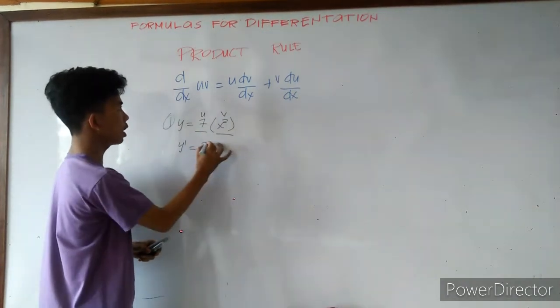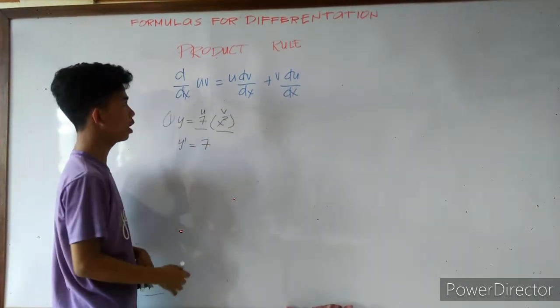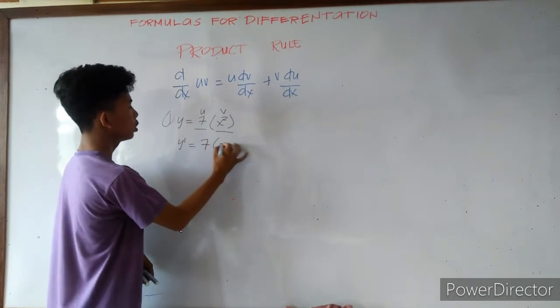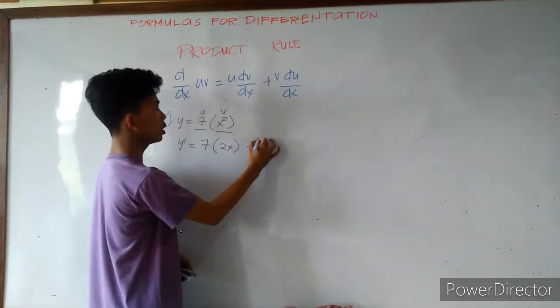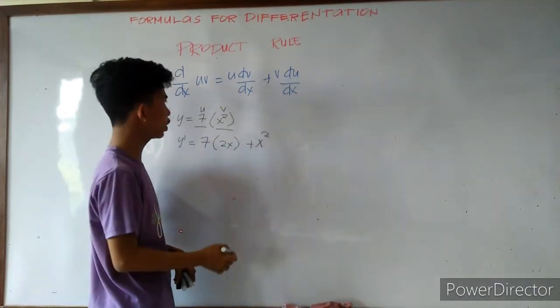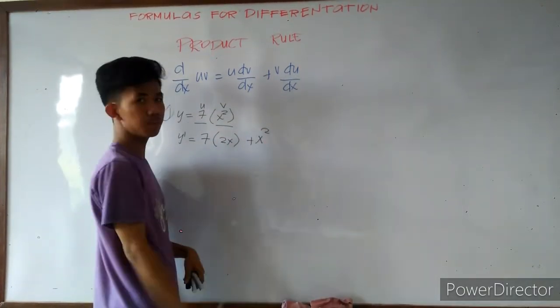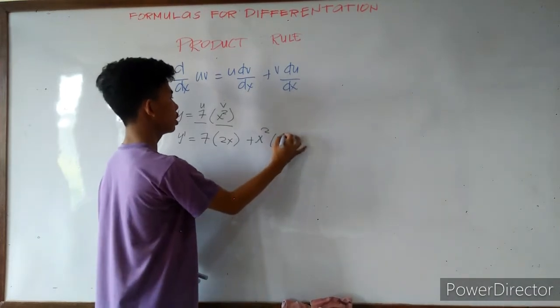So copy the u, 7, then get the derivative of your v, which is 2x, then plus copy the v, x squared, then get the derivative of your u, which is the derivative of 7, equal to 0.